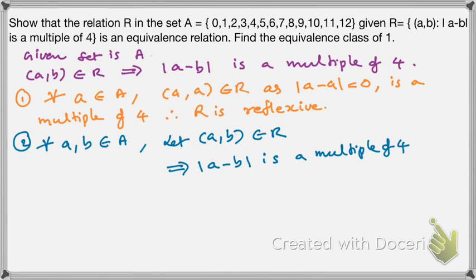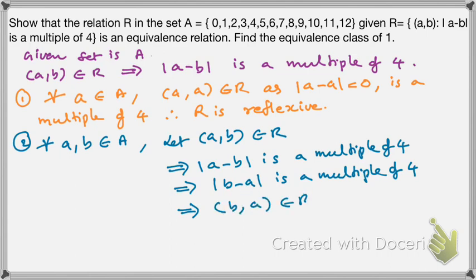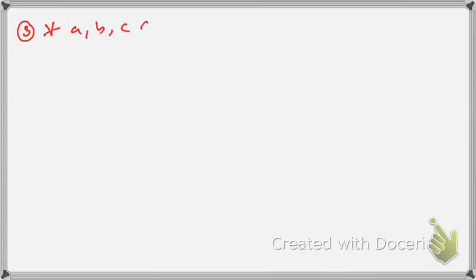But if modulus of A minus B is a multiple of 4, modulus of B minus A is also a multiple of 4, because there is no difference between modulus of A minus B and modulus of B minus A. That means (B, A) belongs to R. B is related to A. So when A is related to B, we could prove that B is also related to A, the other way around. And therefore, R is symmetric. So we proved symmetry.